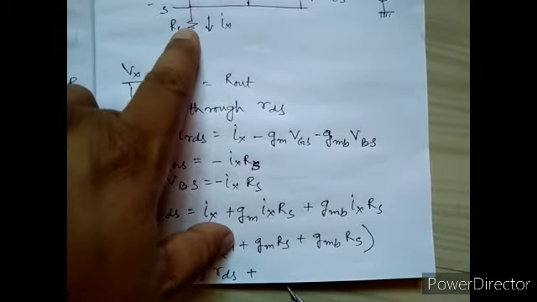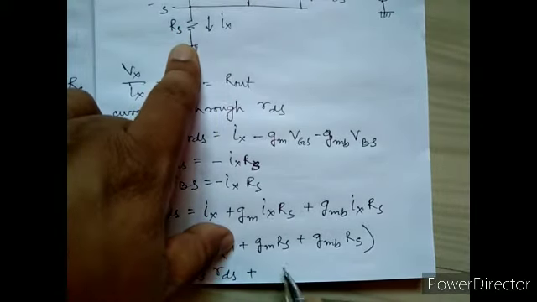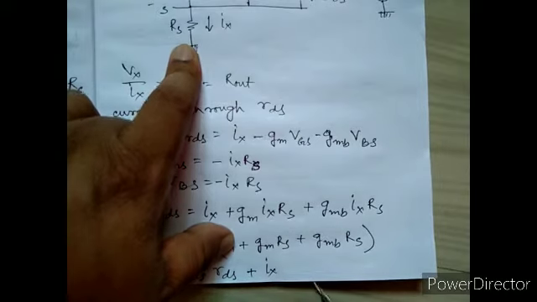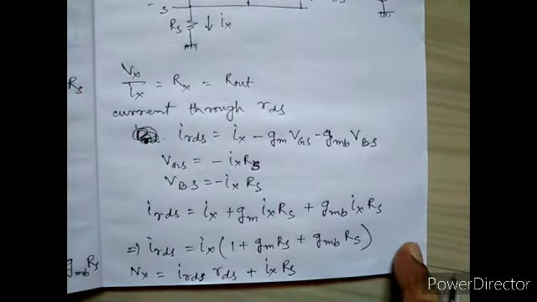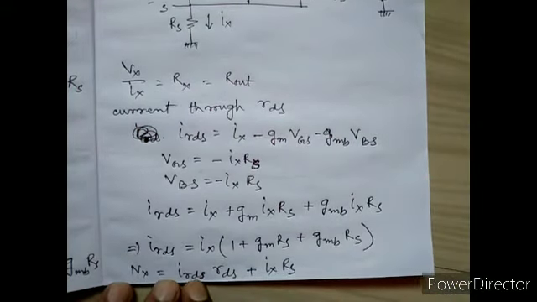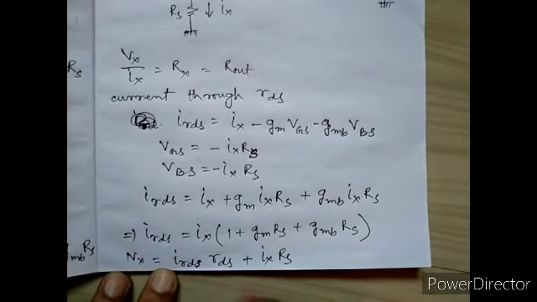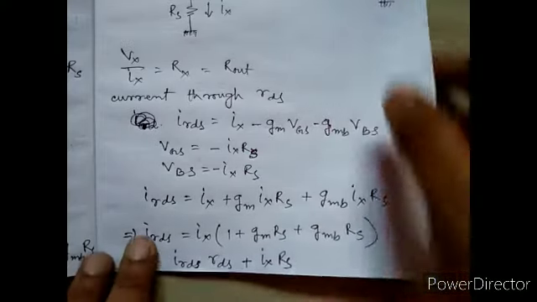The potential drop across here, that is Ix into Rs. Okay, so here if we put the IRDS value, from there we can find out.